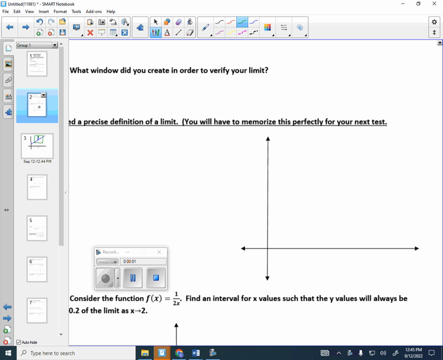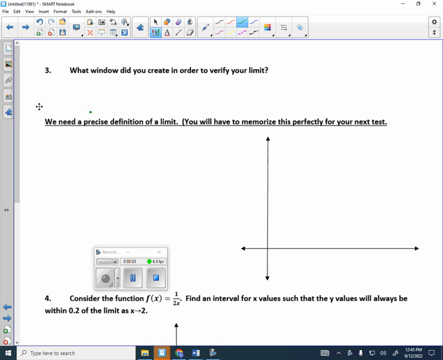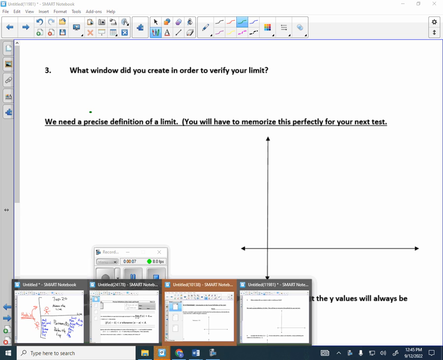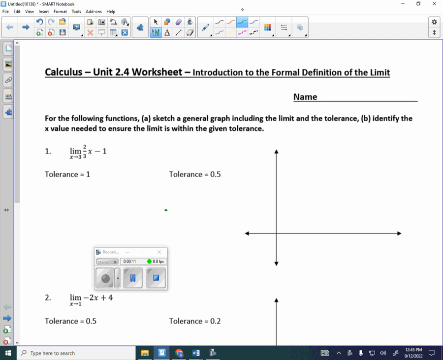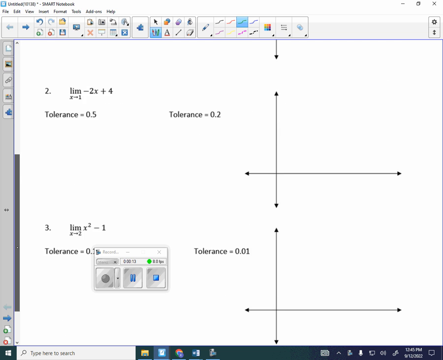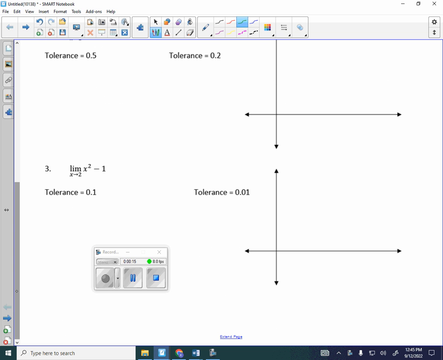Did the other day, I want you to look at your worksheet. So take out that worksheet that we're kind of putzing through. This one right here. And yours said epsilon, mine says tolerance. Agreed? Okay.